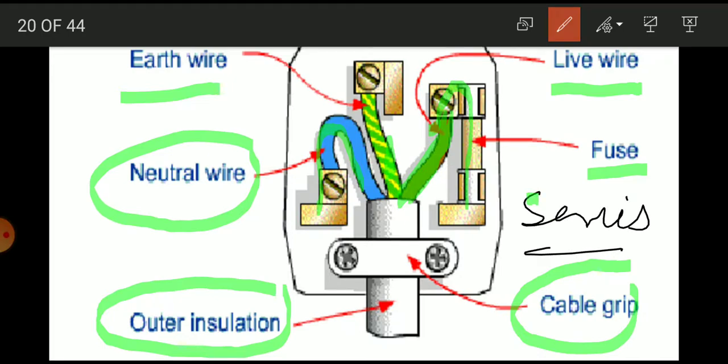So whenever there is a large amount of current flow, it disconnects the power supply to avoid damages. So the fuse is a safety precaution.